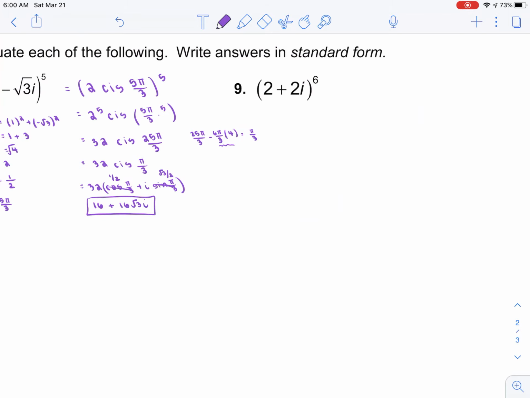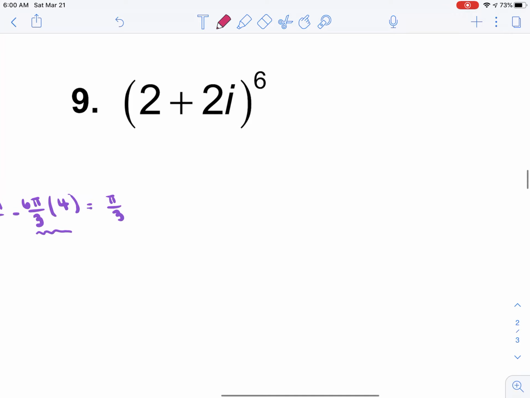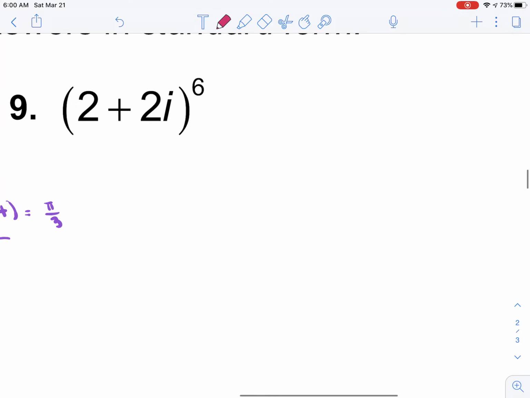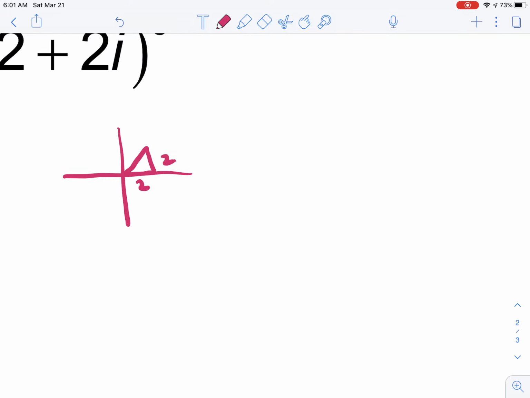And then for the last problem on here, you will see a similar situation where we have to convert to trig form first. So when I graph this, I would be right here in quadrant 1. My r squared is going to be 2 squared plus 2 squared, or 4 plus 4, 8.